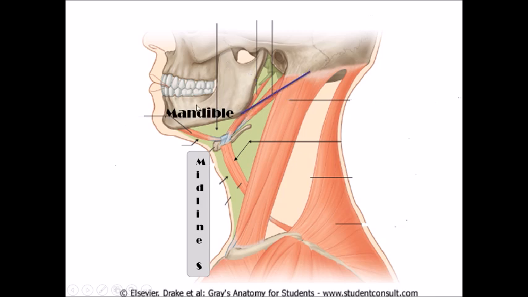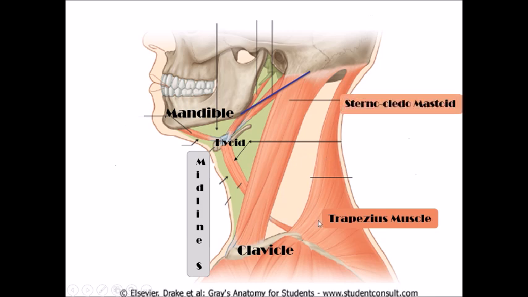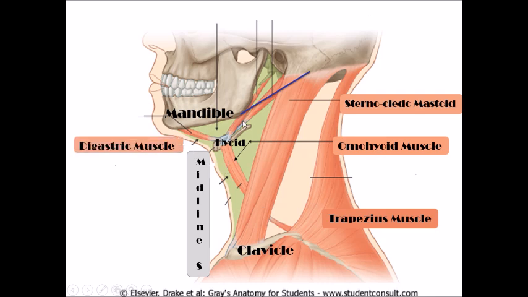Three bones: mandible, clavicle and hyoid bone. And four muscles: the trapezius, the big muscle of the back, then the sternocleidomastoid muscle, the omohyoid, and the fourth muscle is the digastric muscle.